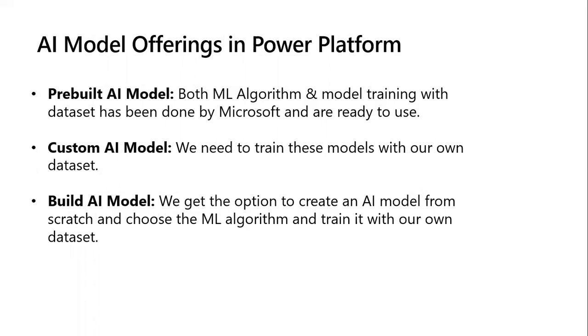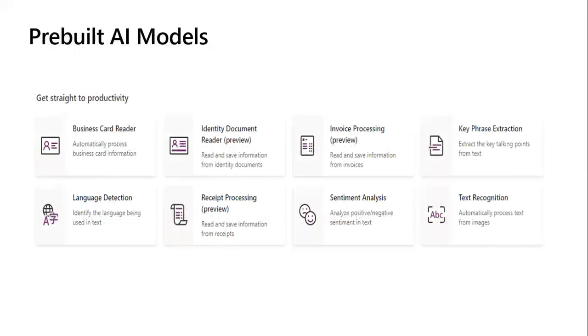When we cover the Power Platform interface, we will see that inside the AI Builder panel, we have an option to build an AI model and use some prebuilt AI models as well. These are a few of the prebuilt AI models in AI Builder. We have business card reader, invoice processing, identity document reader, text recognition, sentiment analysis, and many more.